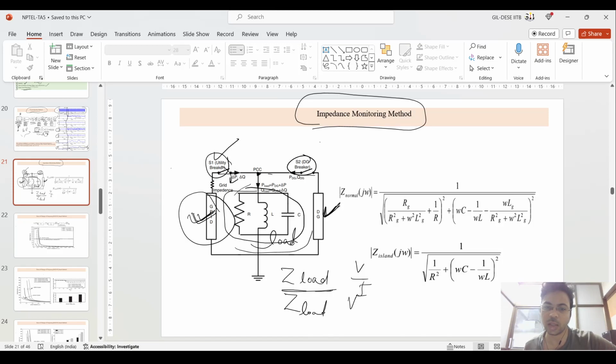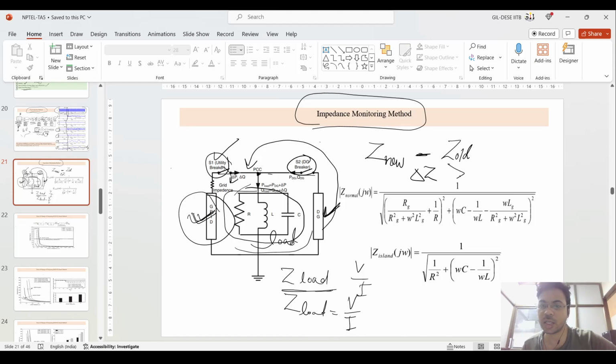When the grid gets disconnected, this Z load will change. The ratio V by I changes, because the current now depends solely on the distributed generation, which is in an islanded situation. So you take this new Z, after the islanded situation, and Z old, when it is grid connected.